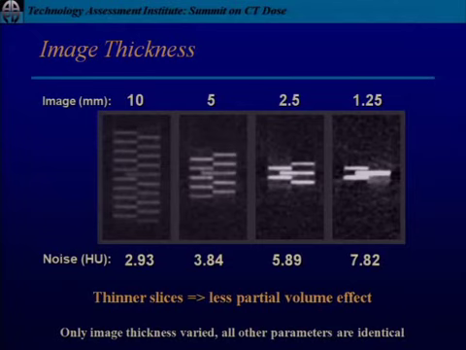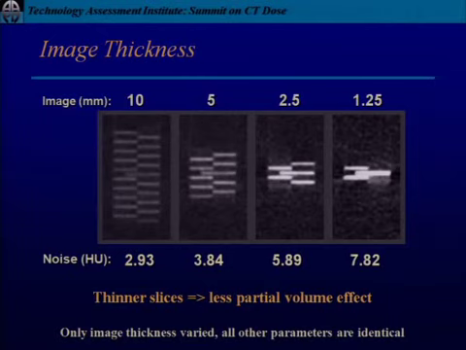But the thing I want to point out with this is notice the brightness of these bars as we go from the thick slices to the thinnest slices. The brightness increases. The contrast is much greater for the 1.25s than it is for the 10s. This is because as we go to thinner and thinner slices, we are looking through less material that's in front of that object and behind it.